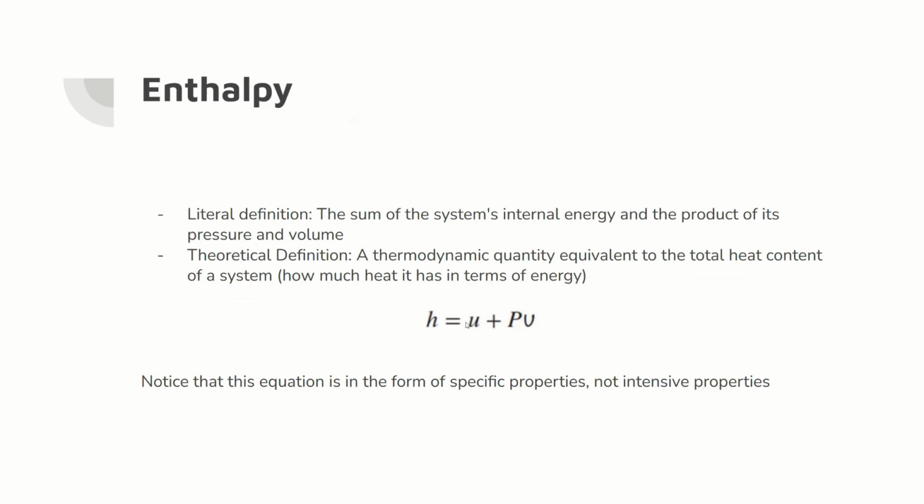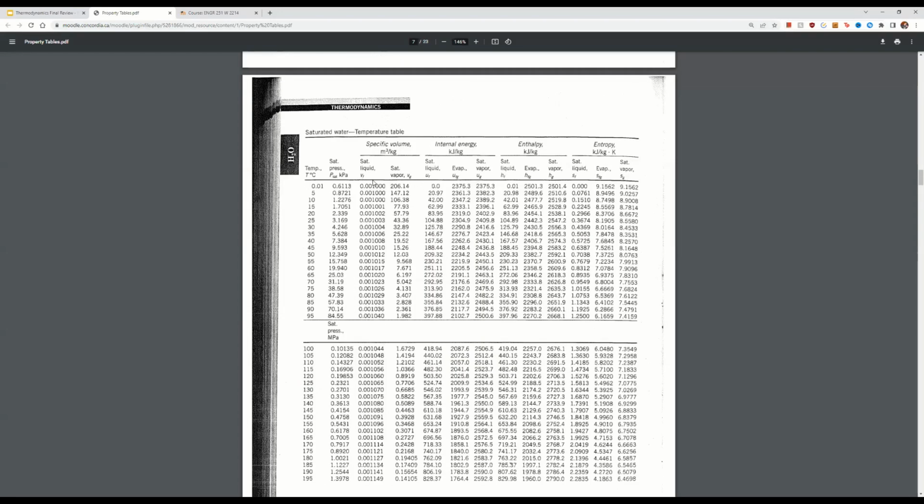In this equation, by the way, it's in intensive properties form. Usually you can see that all your properties are actually in intensive form. You can see within the units that they're divided by kilograms, which makes them independent from whatever mass is within your substance. And usually they're denoted by the lowercase letter right here.